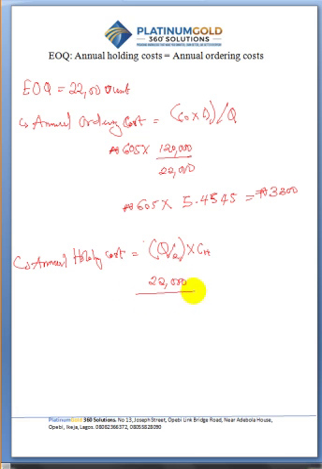We divide it by 2 and multiply by the holding cost per unit of 0.3, or 30 kobo, whichever way you want to do it.